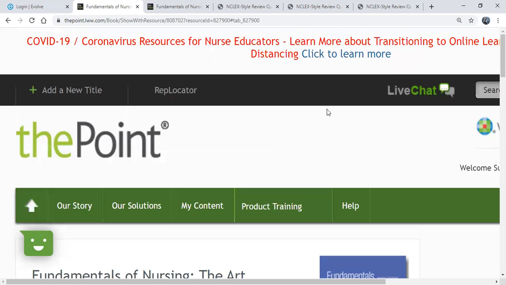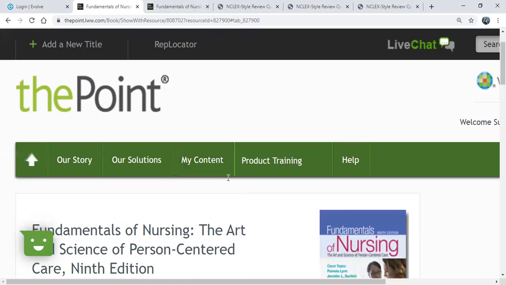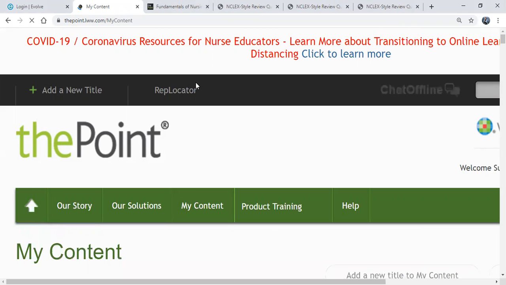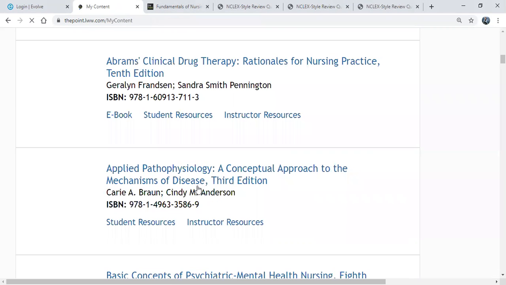Now, here's a little trick. I always open two tabs, okay? What do I mean by that? So here's my point opened here, right? See, it's open and I have my content. Now, once I open up my content, I go to this part of the book where your Prep U is.